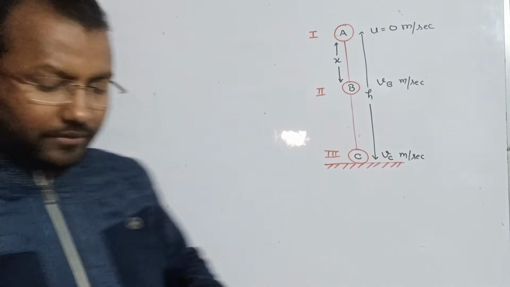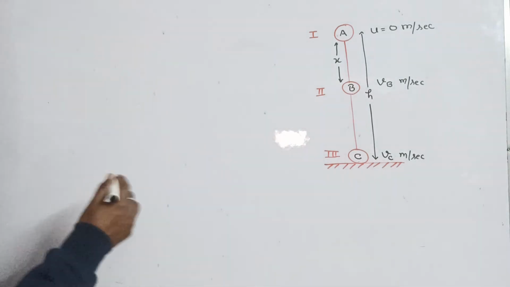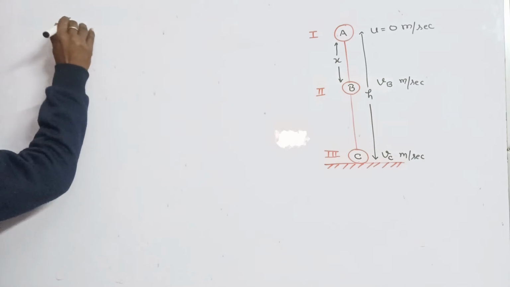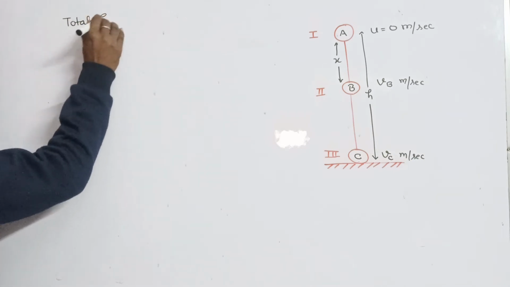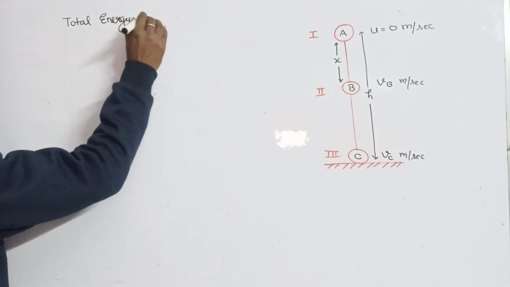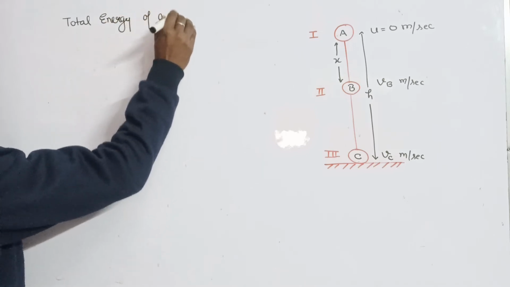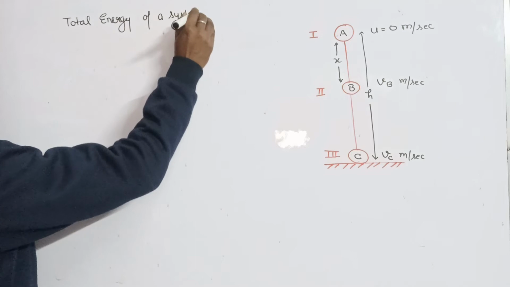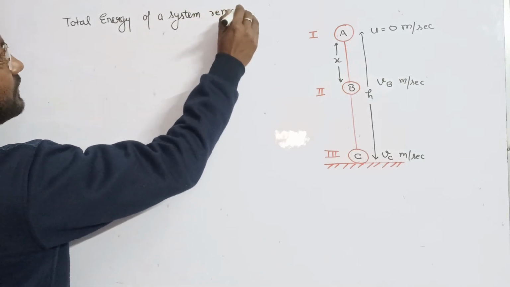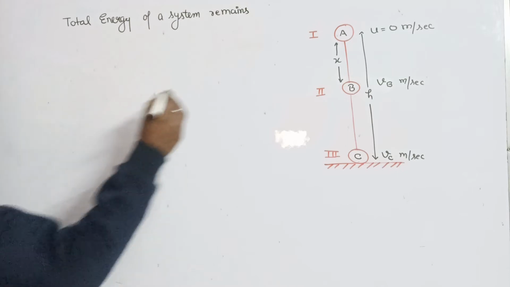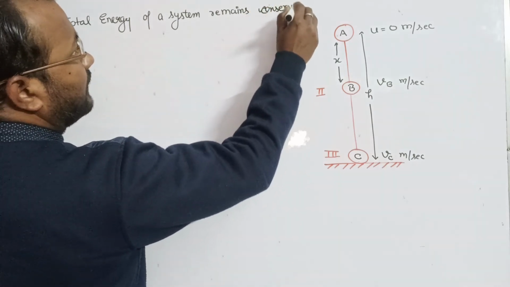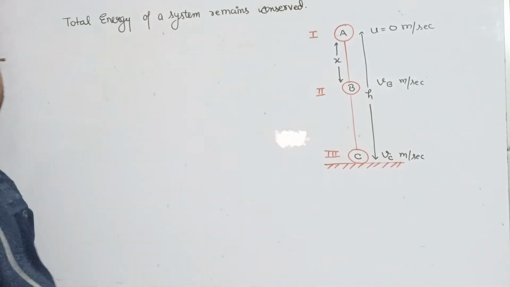According to the law of conservation of energy, the total energy of a system remains conserved, or we can say it is totally constant, right?